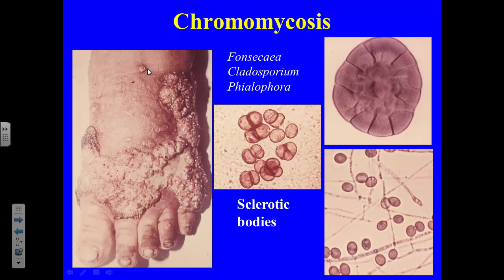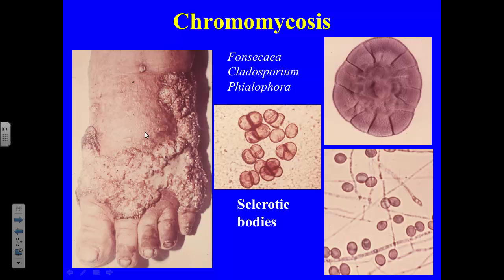In all cases, because you can't get antifungals into a lesion like this in order to cure it, they have to be treated via surgical removal. In this case, a lesion like this isn't a big deal. To remove a lesion like this might cause the loss of this guy's foot.